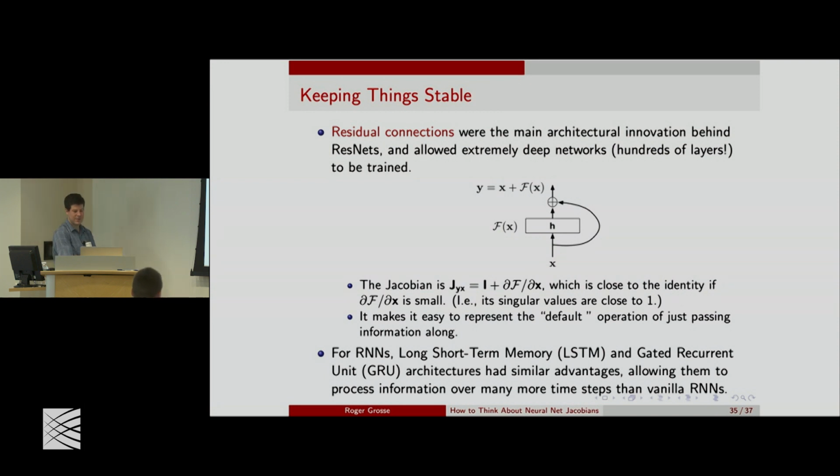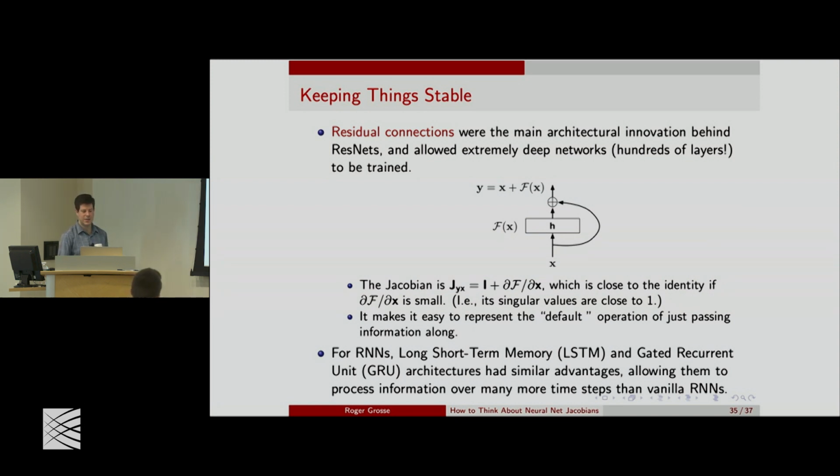And in terms of what the network is actually computing, what's the default thing that a layer in a neural net could do? If there's nothing interesting for it to do, it could just pass the information through without modifying it. And having the skip connections makes it easy to do that. So that's the residual architecture.